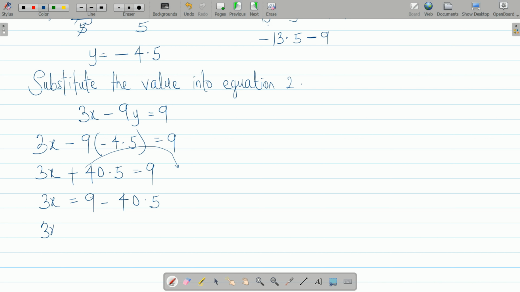Three x equals minus 31.5. Dividing by the coefficient of x, which is 3, x equals minus 10.5.